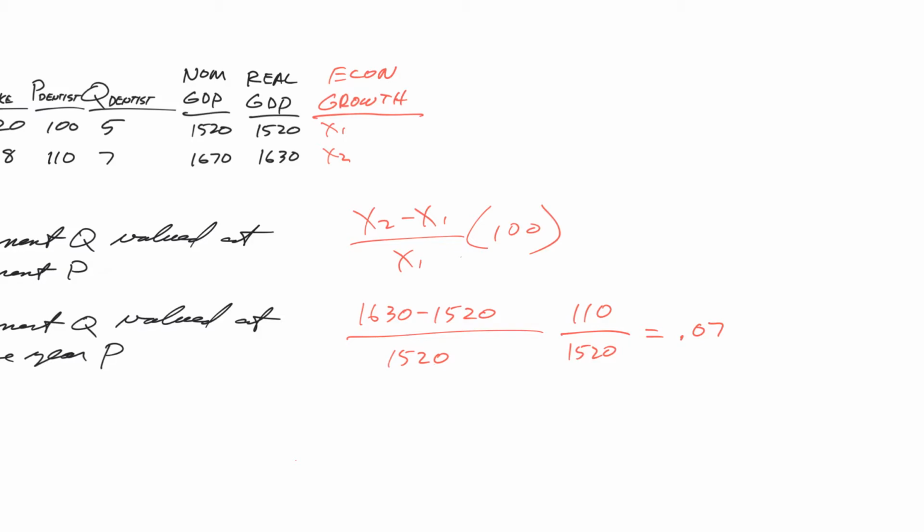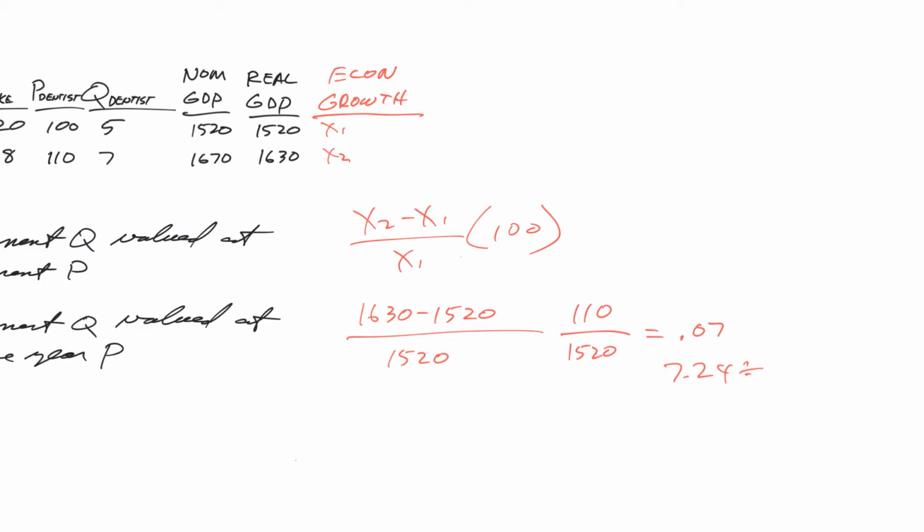Don't just move the decimal over 2 places and call it 7%, because there are numbers hiding in there. Your calculator rounds it to 2 places, unless you set it to show more. I would actually do the times 100 to see what number is hiding in there. It's not 0.07, it's actually 7.24. So the rate of economic growth is 7.24%.